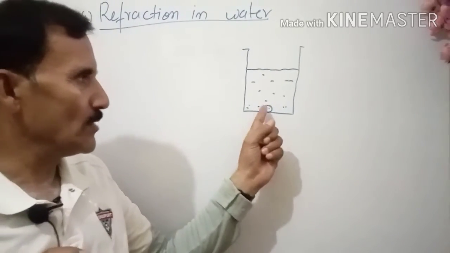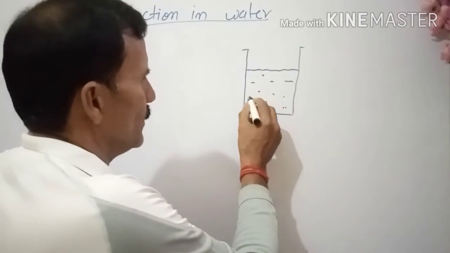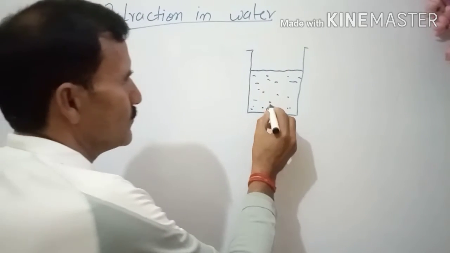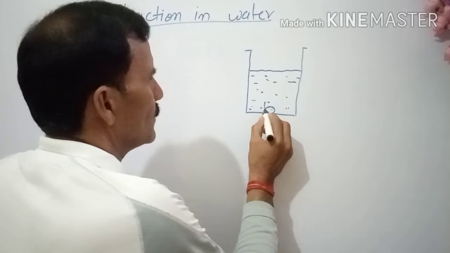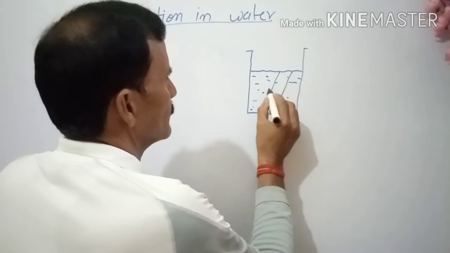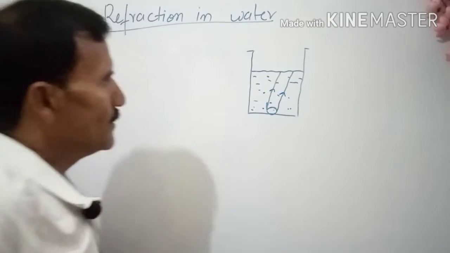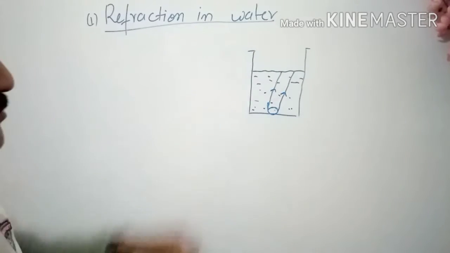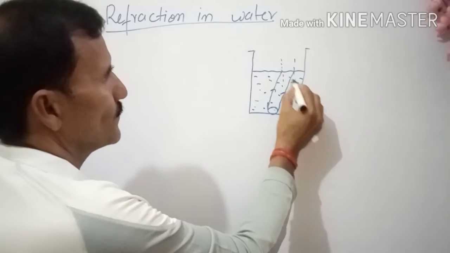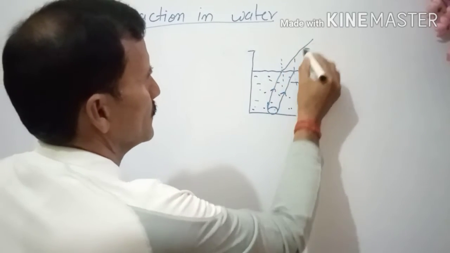So here also light will fall on it, and when it returns, it is moving from water to air. Suppose this ray is moving like this, and you are seeing from somewhere here. Here you are having normals, and it will bend away from the normal like this.